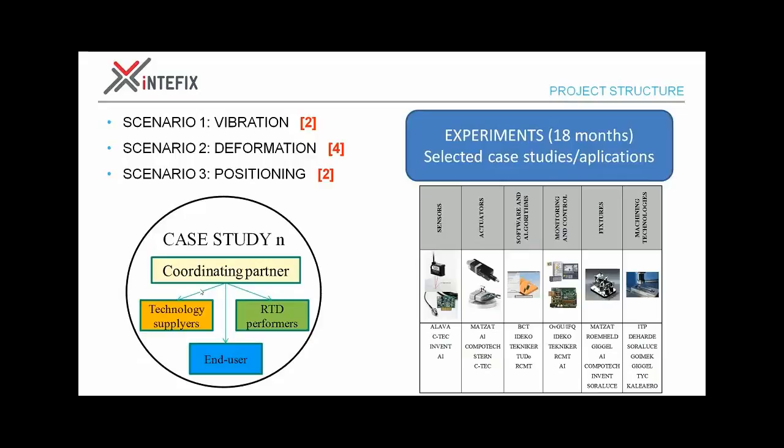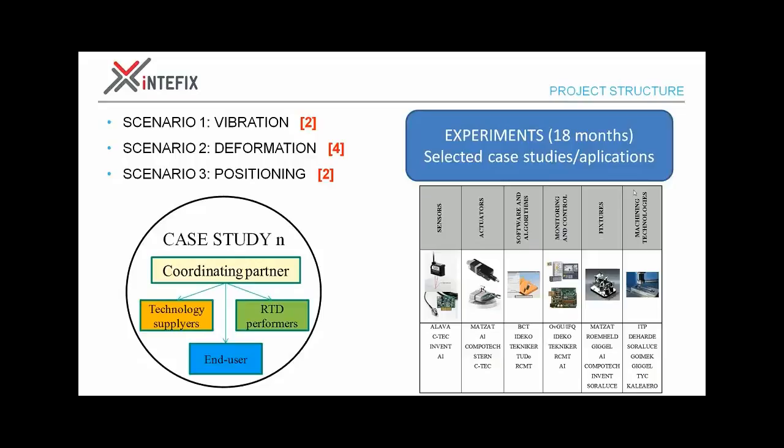That's why we can see here in the table partners providing sensors, actuators, software, and algorithms for process modeling or whatever. Also monitoring and control partners, partners that are supplying advanced fixtures or conventional fixtures that can be modified, and also machining technologies.